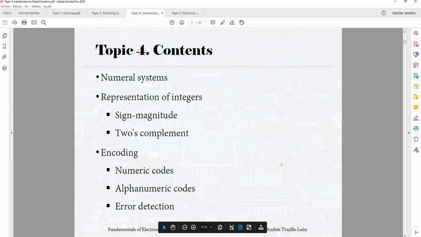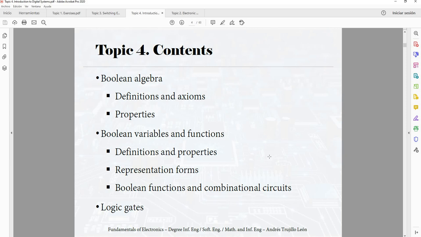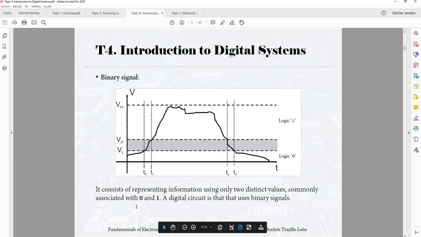I don't know if we are going to see the error detection yet, because we are not really good on time this semester with all the public holidays that fall in the subject slots. So, here we have the Boolean algebra, the definitions and axioms, their properties, and how to work with variables and Boolean functions. And finally, we are going to see logic gates.